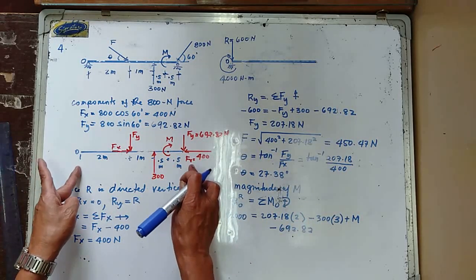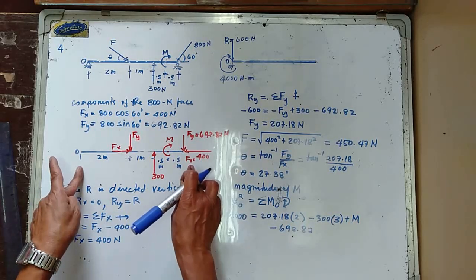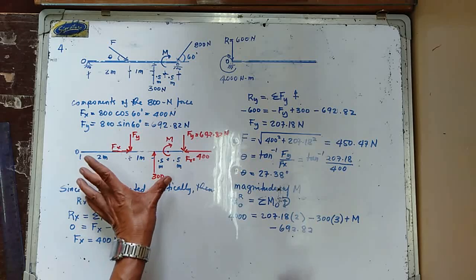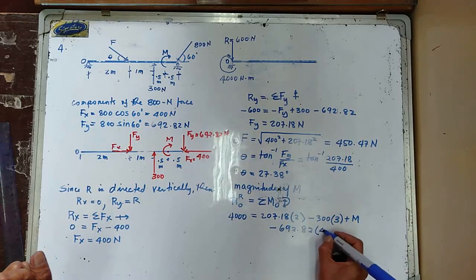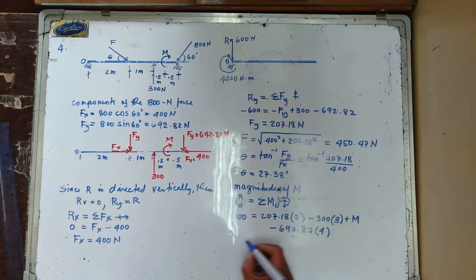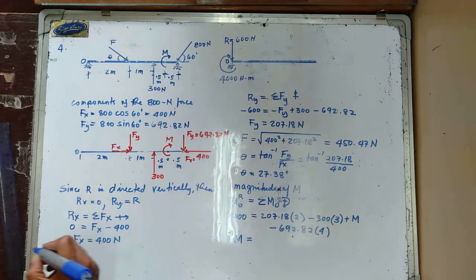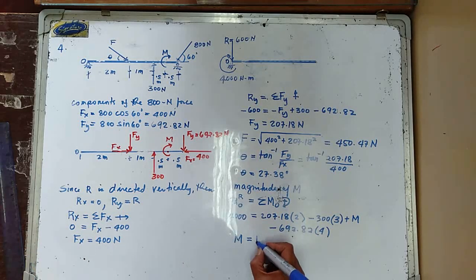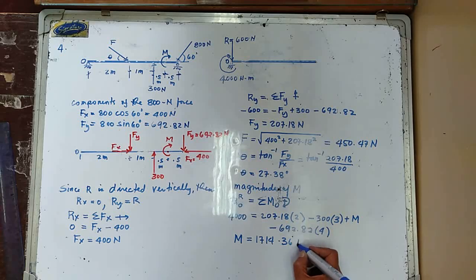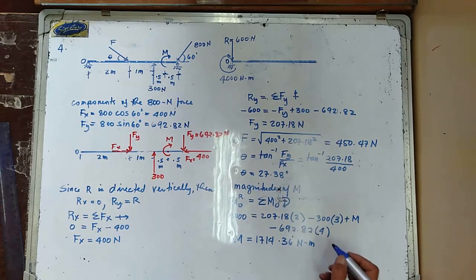The moment arm is 2, 1.5, and 0.5, so that is equal to 4. Hence, your M in here is now equal to 1714.36 Newton meter.